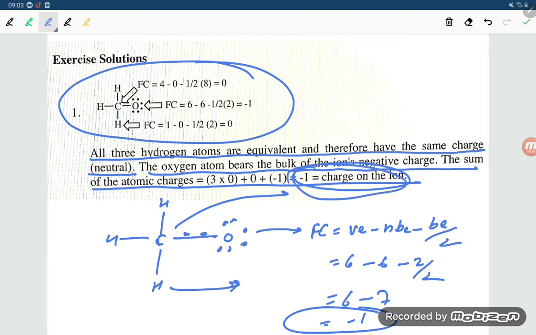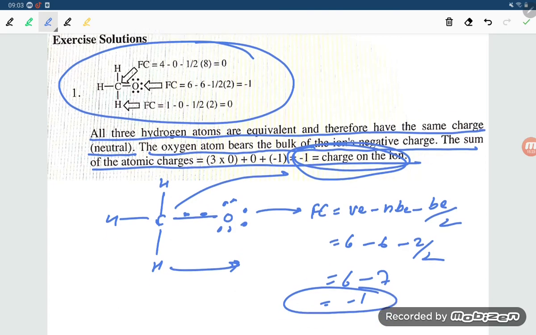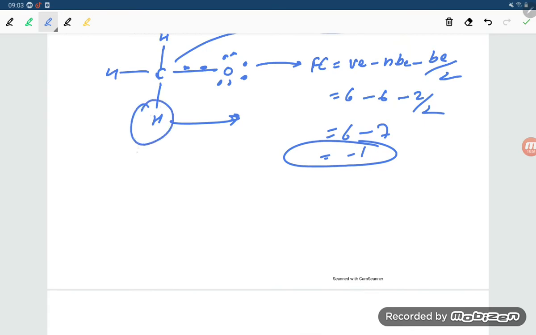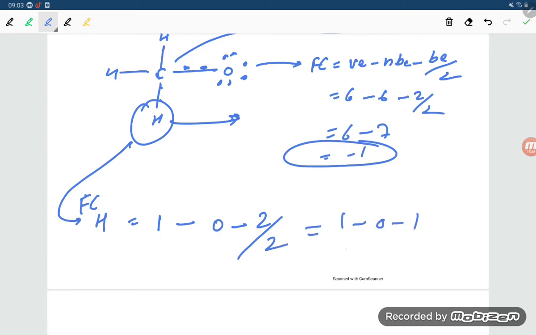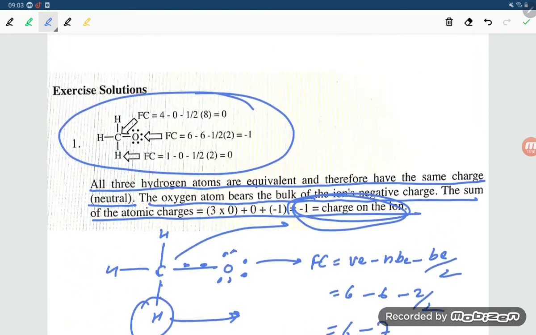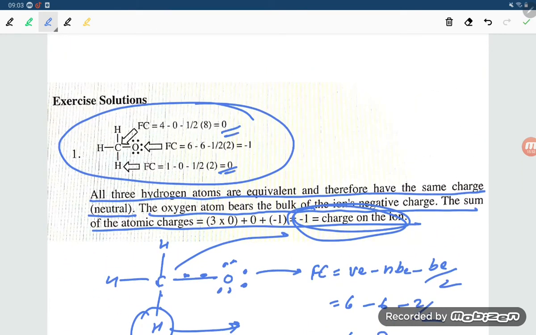Let us calculate for hydrogen. FC for hydrogen: valence electron 1, minus non-bonded electron 0, minus bonded electrons, 2 electrons in this single bond, 2 by 2, that is 1. So 1 minus 0 minus 1 is 0. So for hydrogen the formal charge is 0 and for oxygen minus 1.